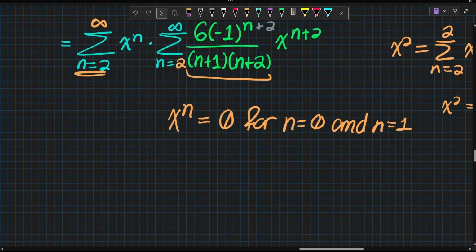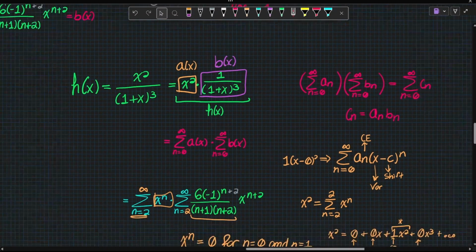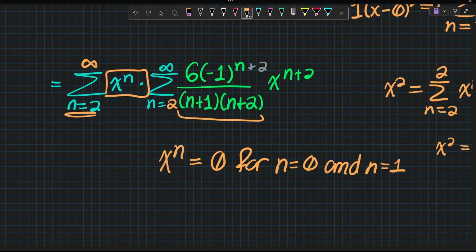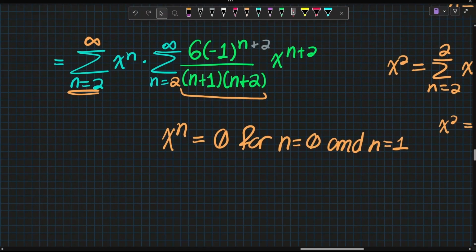So now we have the matching bounds. Because since these two are the same function, they're part of f of x, or what we call h of x, those two first terms must not exist because of the non-existence of this function here, right? So with that, you can say these two terms go away.